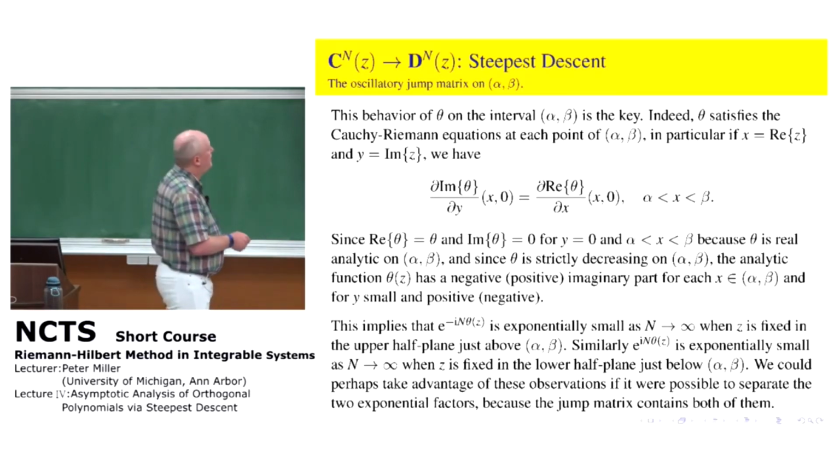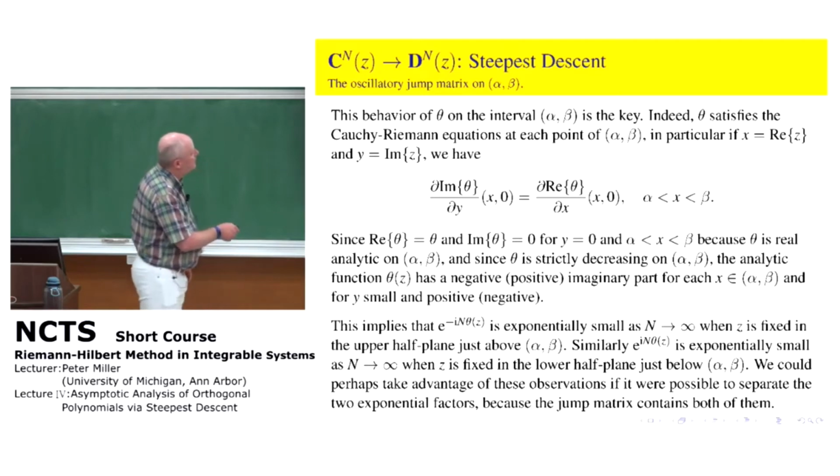So this implies that this factor, e to the negative i n theta, is oscillatory when z is real, but it's exponentially small for large n when z is fixed in the upper half plane just above this alpha beta interval. And the other one is exponentially small when z is fixed in the lower half plane just below that interval.